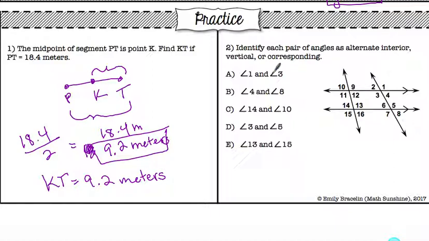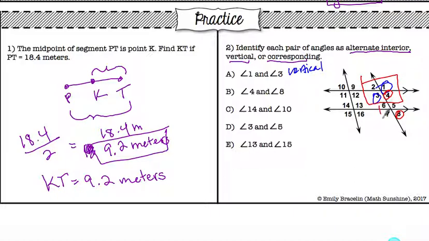And then look at practice 2. It says identify each pair of angles as alternate interior, vertical, or corresponding. So we'll go through these one by one. Angle 1 and angle 3 are across from each other like this. They are vertical. Angle 4 and angle 8.